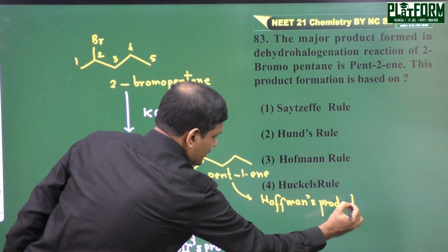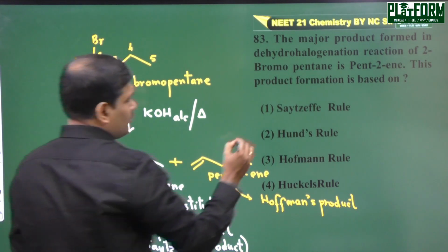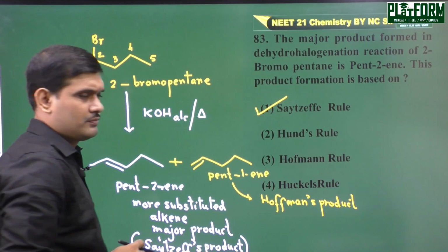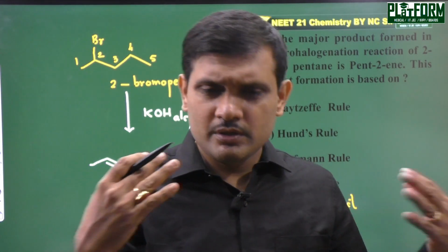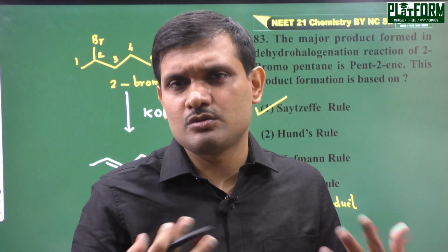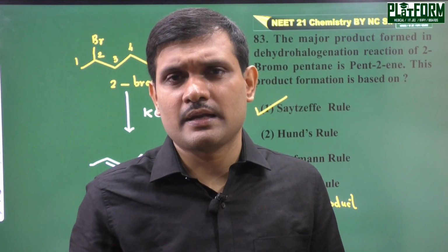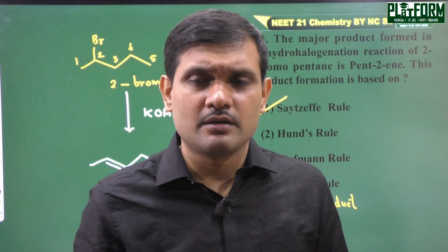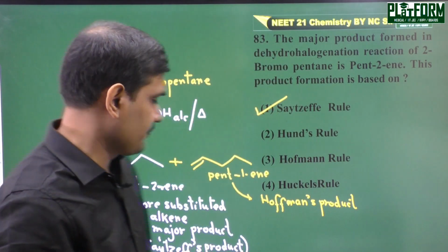So here the question asked, this product formation is based on, no doubt, the Saytzeff rule. Generally, when we dehydrohalogenate any alkyl halide, it leads to the formation of the more stable alkene, the more substituted alkene. That idea is called the Saytzeff rule.